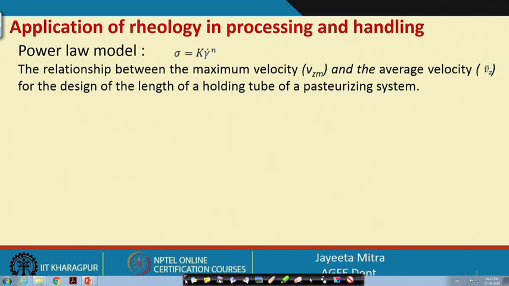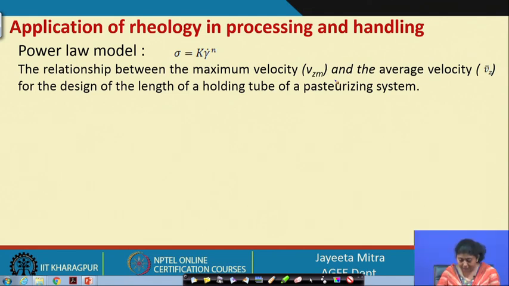For that we need to analyze what is the average velocity and what is the maximum velocity, right, because your maximum velocity point may reach there early, but all other points in the tube may not reach to that extent with a very short time, and if any such thing happens that the whole fluid is not exposed to the required temperature for the required duration of time, then the contamination may be there. So, for that we need to know the relation between the maximum velocity and the average velocity for the particular kind of fluid.